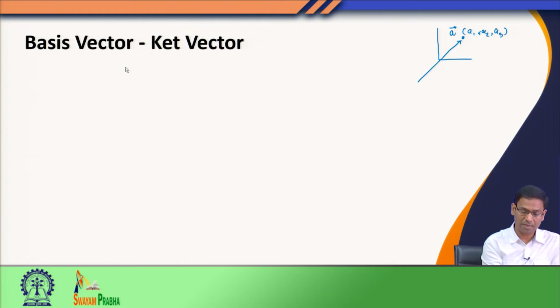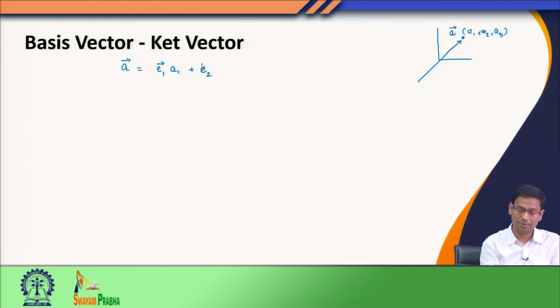The way we write this vector A is we define unit vectors along the x axis, y axis and z axis. Instead of keeping it specific to Cartesian, I am trying to keep it very general. So, I define one unit vector E1 along which my amplitude is A1.